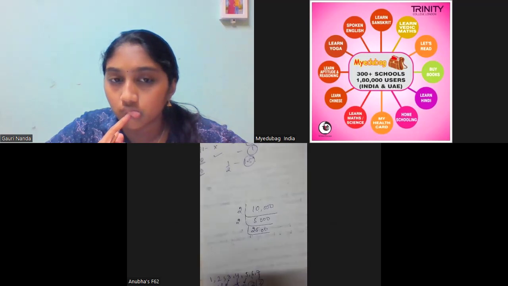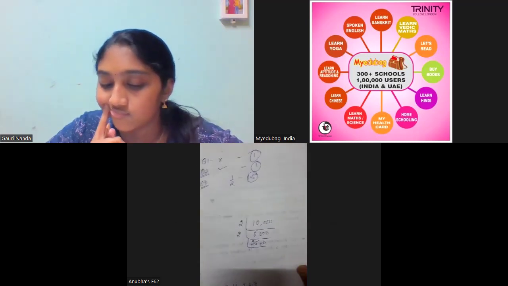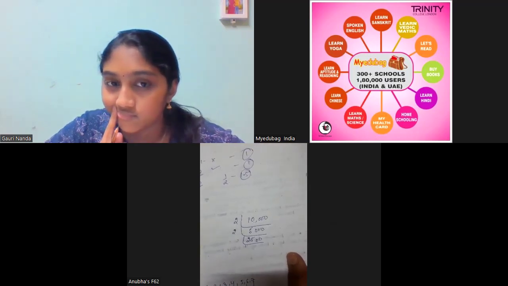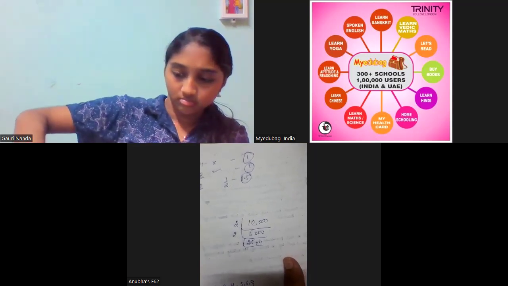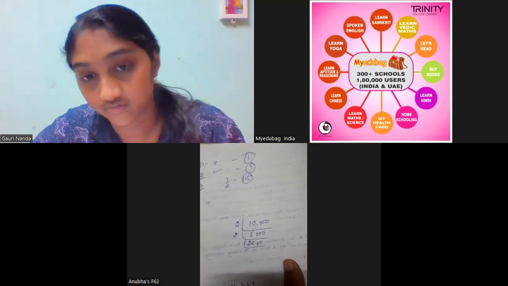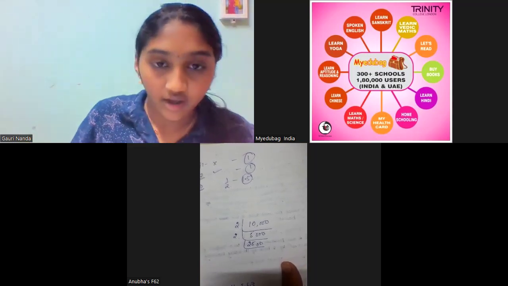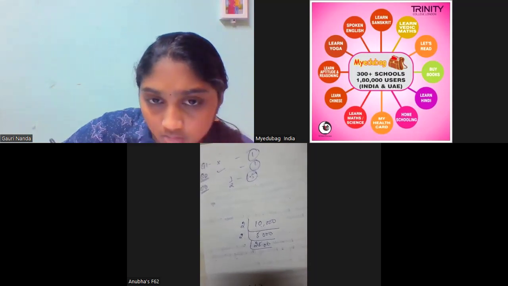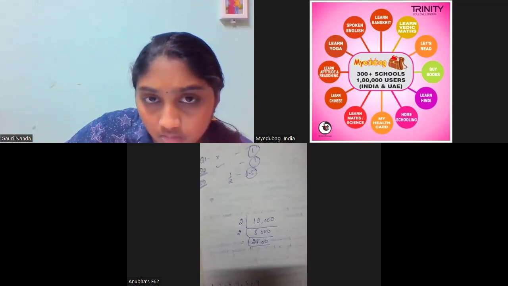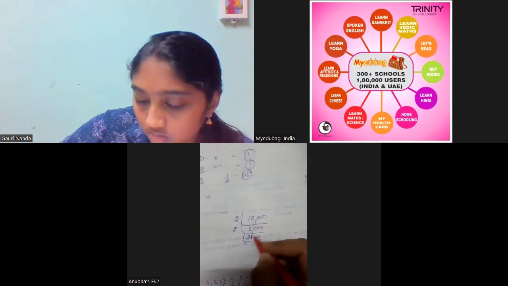Which method have you calculated that with? You did it with 5? No problem. If you have done it by 5, the prime factors would come the same in either case. Let's just do it with 5.